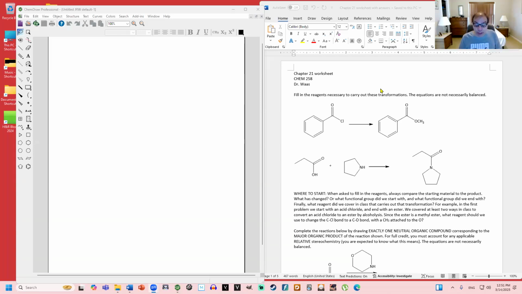But chapter 21 is a critically important chapter, and it has to do with nucleophilic acyl substitution. So in all the reactions that we're learning in chapter 21, they all follow that pattern. They all involve some acyl derivative, some carboxylic acid derivative, in which the leaving group attached to the carbonyl will be replaced with something else.